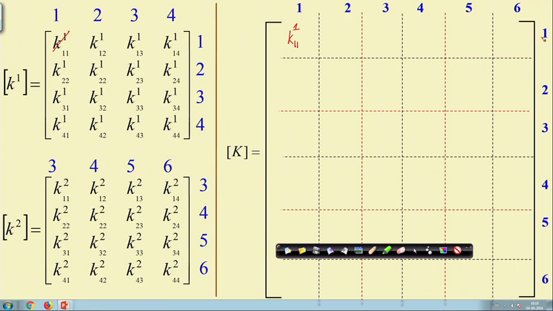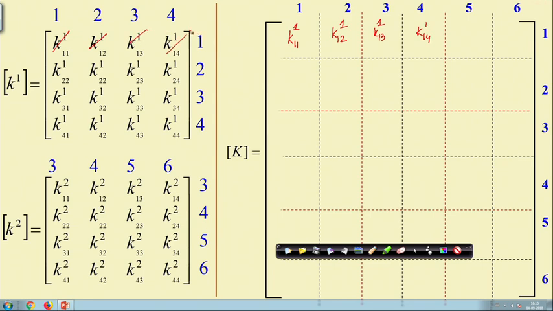Then we have k 1 2, first row and second column; there is no 1 2 in the second member, so this is k 1 2 1. We have taken this. Then k 1 3 and k 1 4: there is no 1 3, so it will be k 1 3 1 and similarly k 1 4 1.